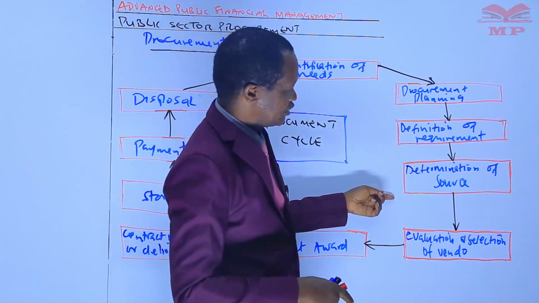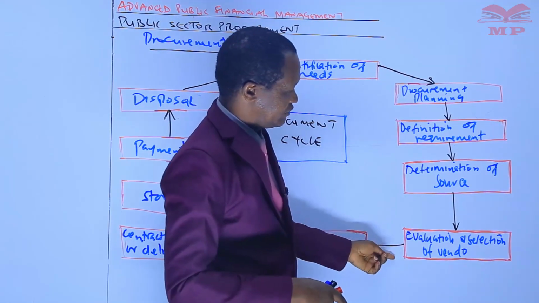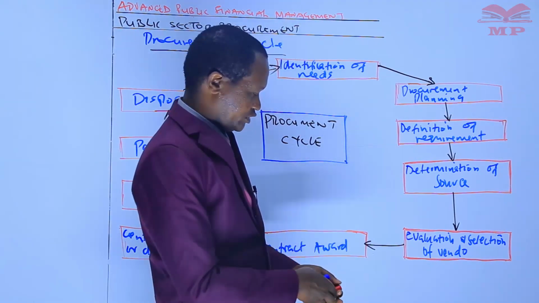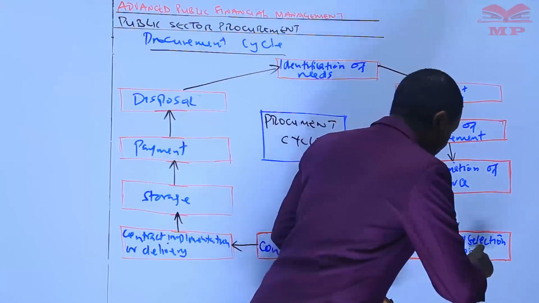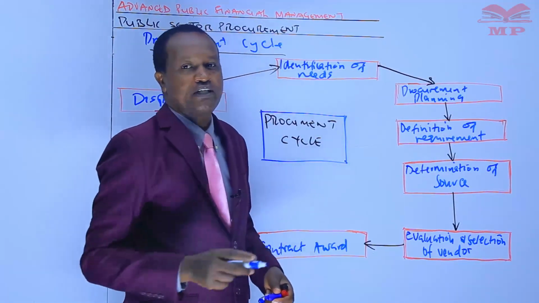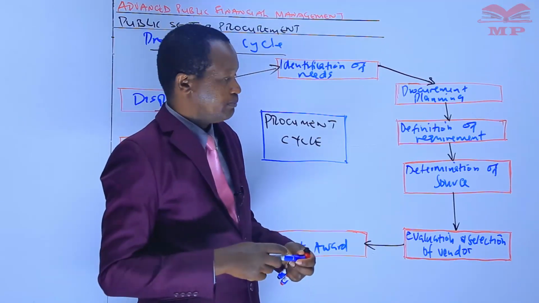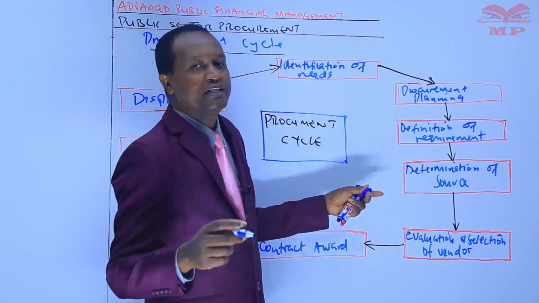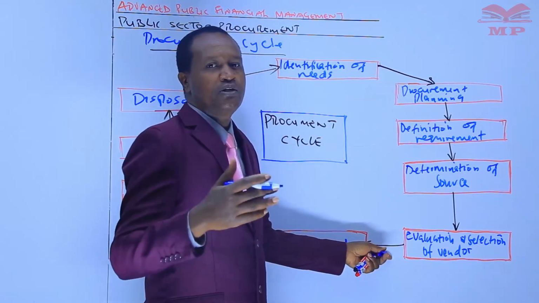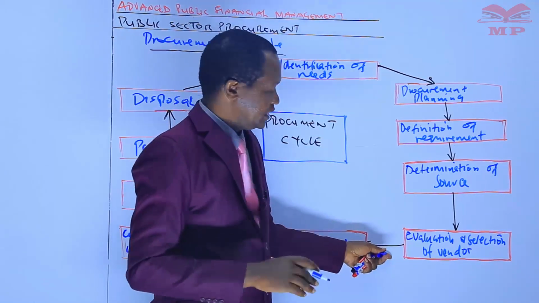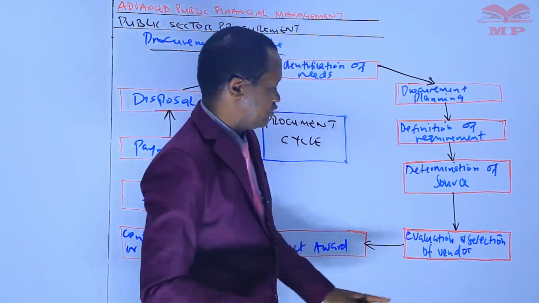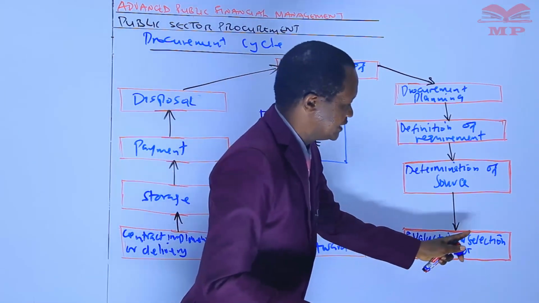Then after determination of the source, we have the evaluation and selection of vendors, evaluation and selection of the vendor. Now, evaluation of bids and eventual choice of a vendor is executed at this stage of evaluation and selection.